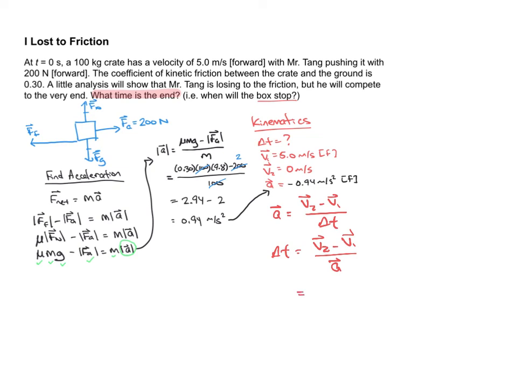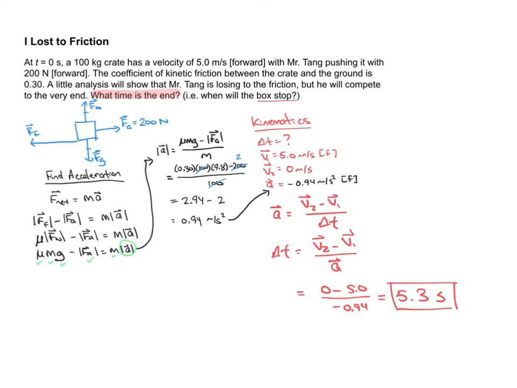So I have 0, subtract 5, divided by negative 0.94. So the signs look good. It looks like I'm going to have a negative divided by a negative, which will give me a positive answer, which makes sense for time. And this is giving me 5.3 seconds. Okay, so delta t equals 5.3 seconds.